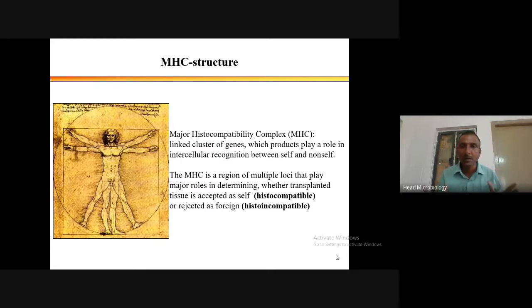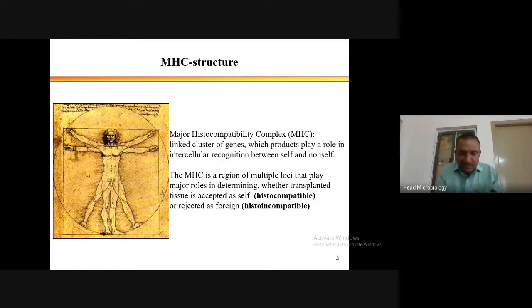On this earth, there are millions and trillions of human beings, but no one is similar. Two persons are not similar in their gene sequences.